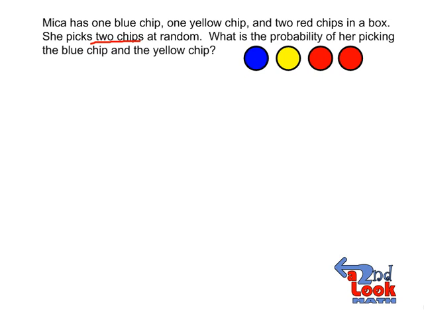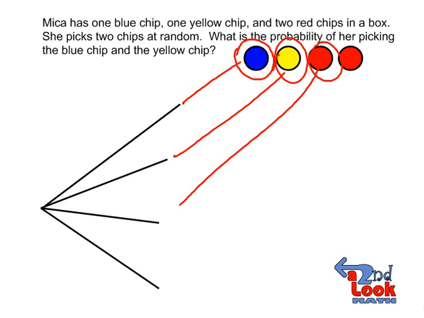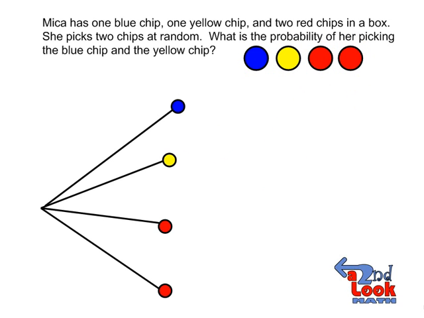In order to get the first decision, I'm going to draw a tree with four different possibilities. These four possibilities match up with each of the individual chips. So I'm going to put these chips on each of the four possibilities.